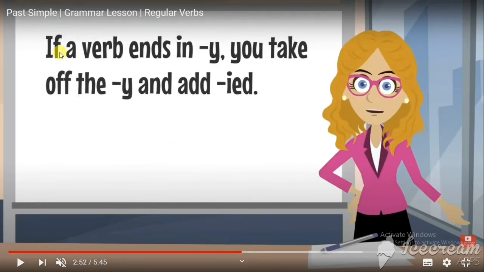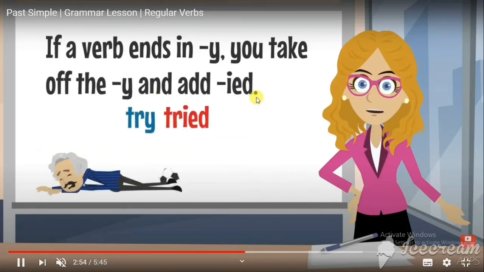Okay, now if the verb ends with y, but before the y we have a consonant, consonant plus y, we drop the y and add ied. Try. Try ends in Y, but before the letter Y, we have R, which is a consonant letter.